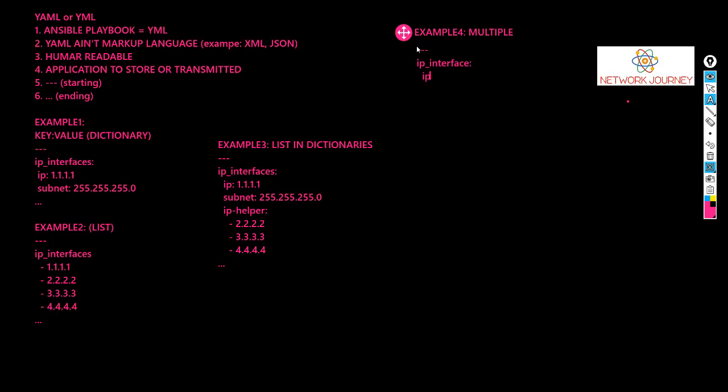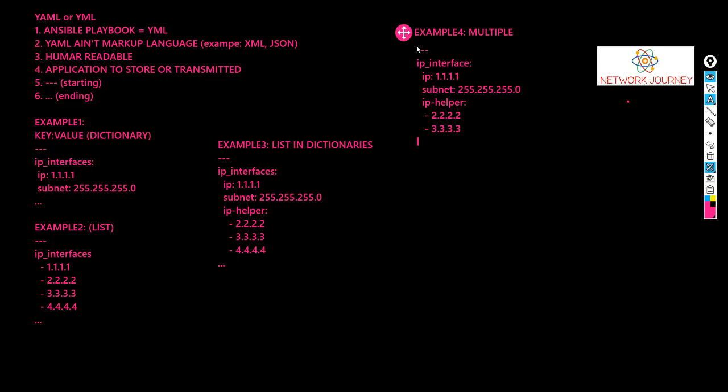Okay, you have IP 1.1.1.1, whatever you configured, subnet 255.255.255.0. You have IP helper, where you defined 2.2.2.2, 3.3.3.3. And now you can have the second interface over here.